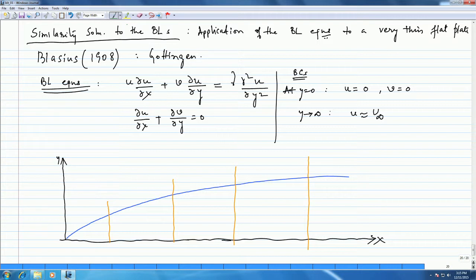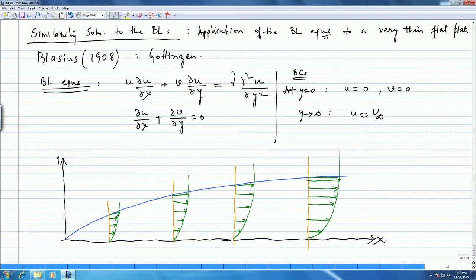I'm going to draw the velocity profile. So, when we do that, okay.